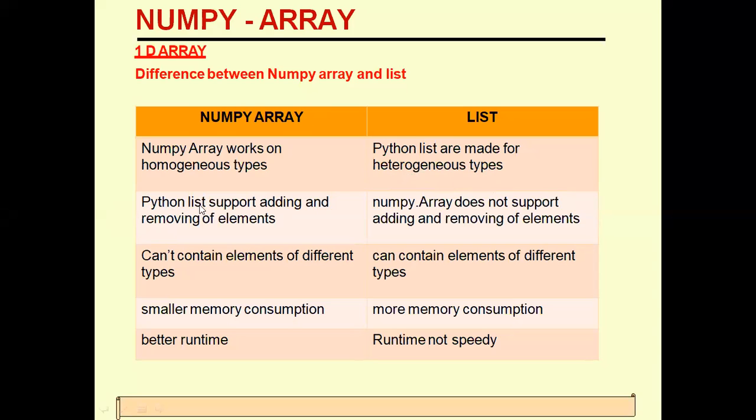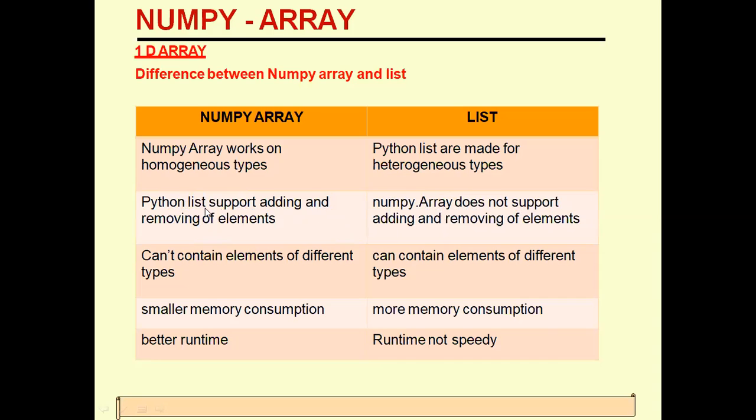And a Python list supports adding and removing an element. Numpy arrays do not support adding or removing an element. In this numpy, this was shifted here by mistake.